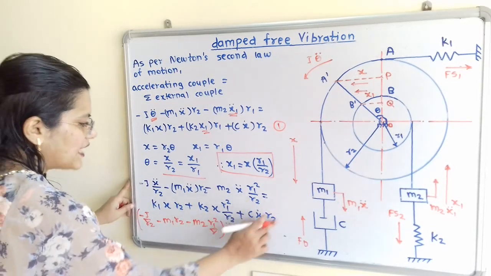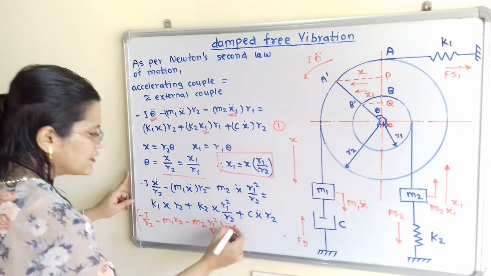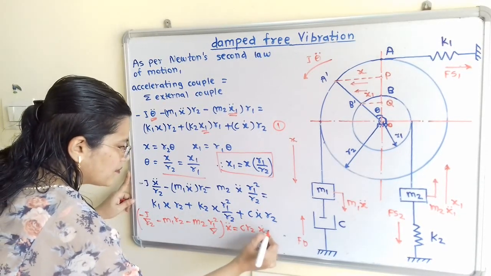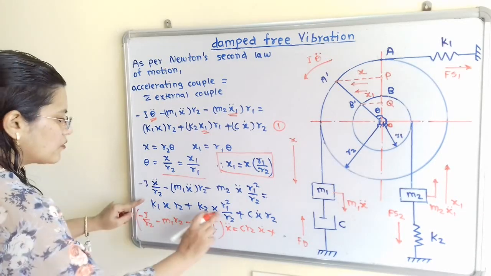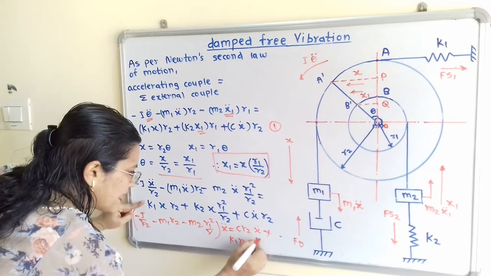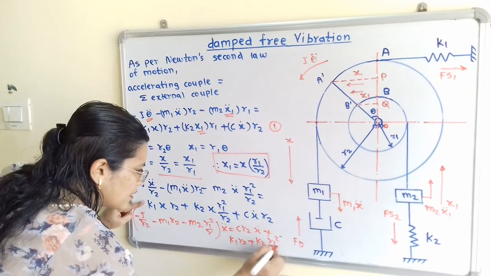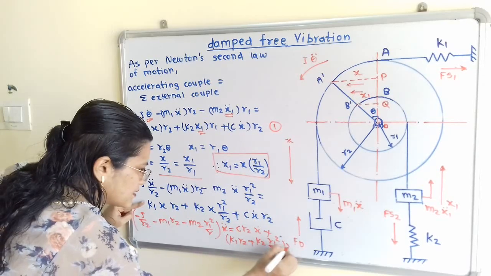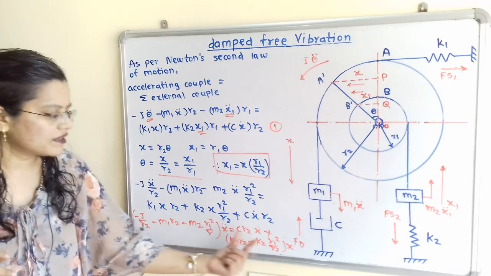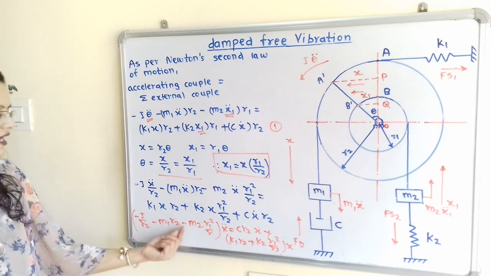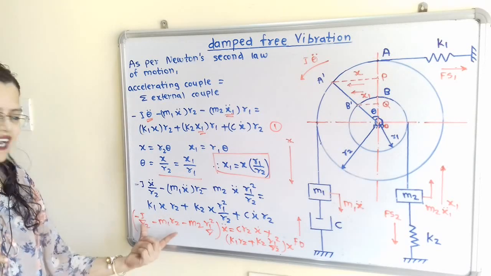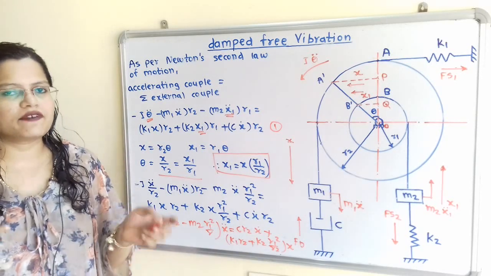Now x dot has only one coefficient and it is on the right hand side, so it is equal to C r2 x dot plus, now x has the coefficient K1 r2 plus K2 r1 square by r2, bracket complete, x. Now we take the minus sign as a common term and transfer this term to the right hand side, and we make the equation.